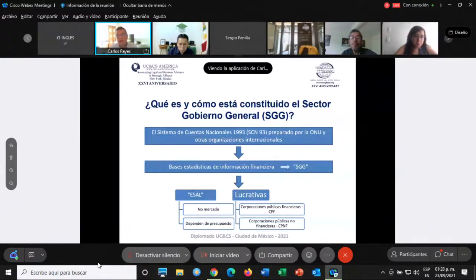Those non-profit entities, the ESAL, can be non-market entities with budgetary allocations. And we have also trading companies, commercial companies, financial and non-financial.